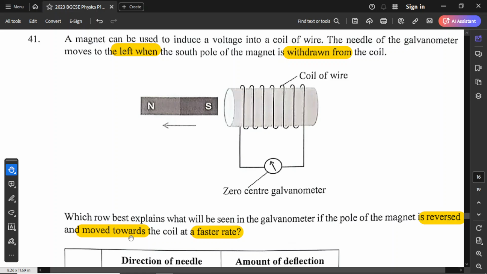But notice a key word here. It said you reverse the poles, but you move the magnet towards the coil. So if you're going towards the coil, what's going to happen? It will be in the same direction. Because if you put the magnet as shown here with the south pole this way, the deflection was going towards the right. But if you switch the poles around and push it in, they're going to go the opposite way, which is towards the left.